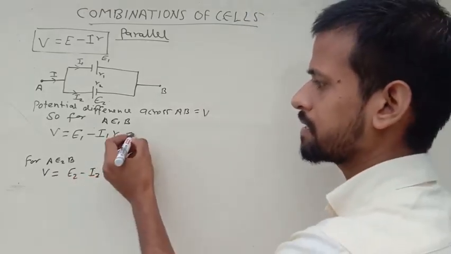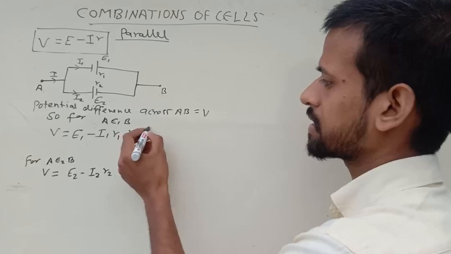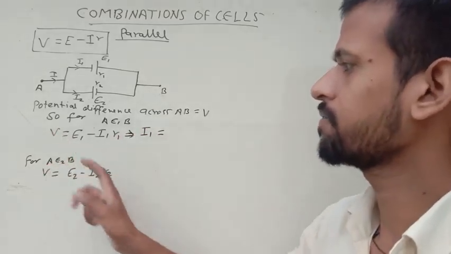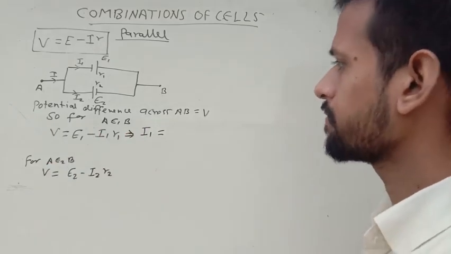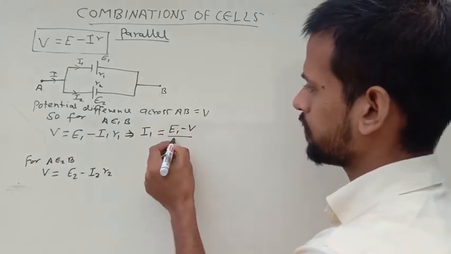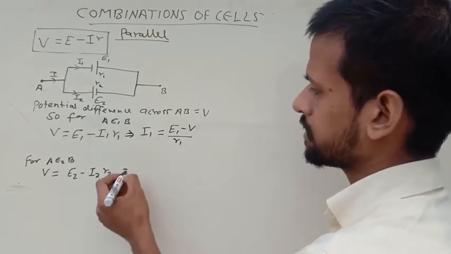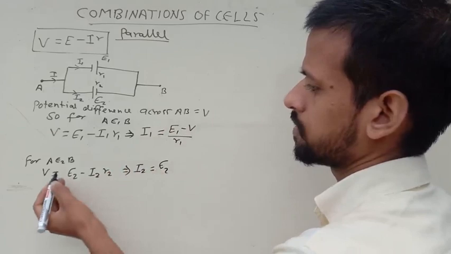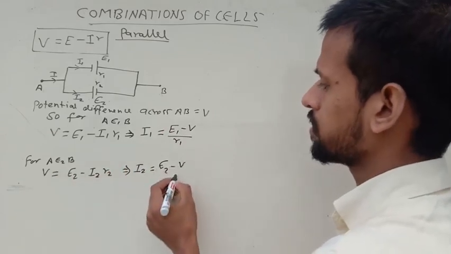From here we can write I1 is equal to E1 minus V upon R1, and I2 is equal to E2 minus V upon R2.